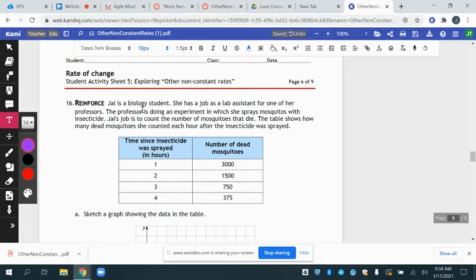The table shows how many dead mosquitoes she counted each hour after the insecticide was sprayed. So they're finding out how long the insecticide lasts before it stops killing the mosquitoes. In the first hour, it kills 3,000 mosquitoes. Second hour, 1,500. Third hour, 750. Fourth hour, 375.